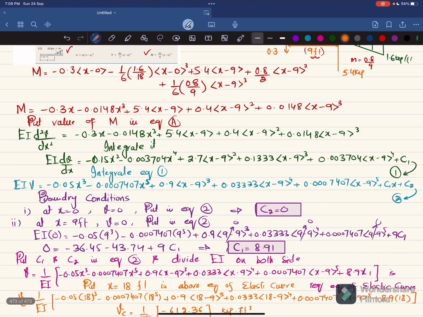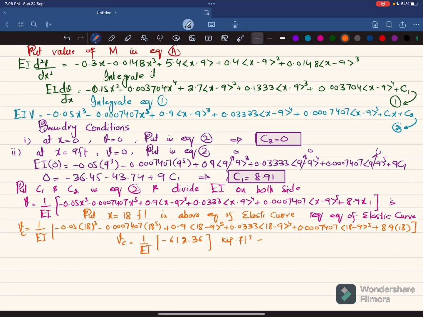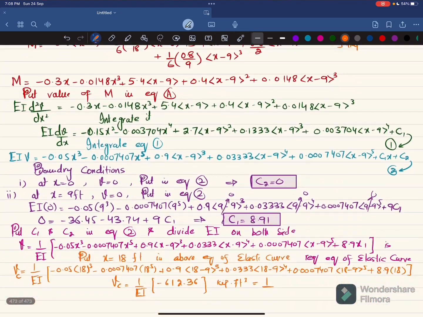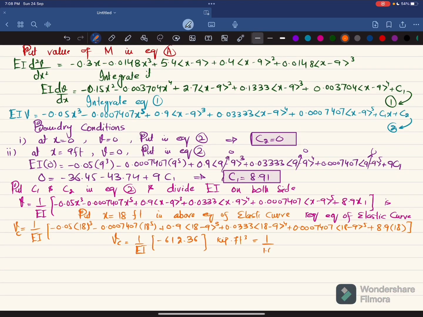So we will put the value downward. So from here 1 over E of wood is 1.6 into 10 raised to power 3 ksi into I, which is 1 over 12 into b was 6 and height was 12 cube. So it will be inch power 4.